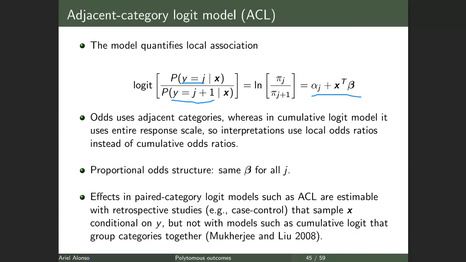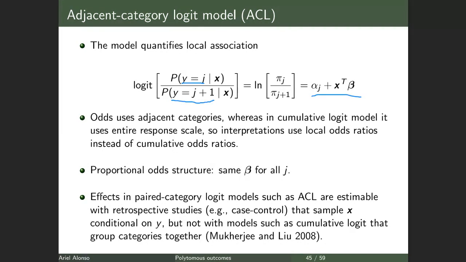So the odds uses adjacent categories only, whereas the cumulative logit model uses the entire response scale, all values smaller or equal than j. Here we just compare category j with respect to category j plus 1. In the other, we compare all the categories smaller or equal than j with the categories larger than j.